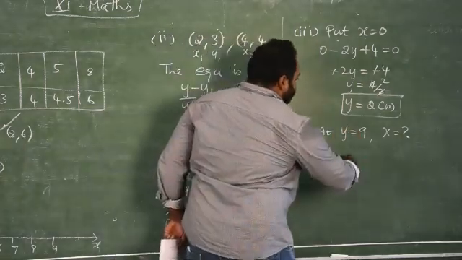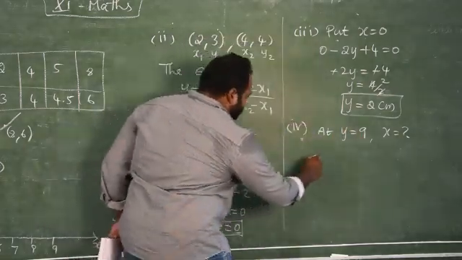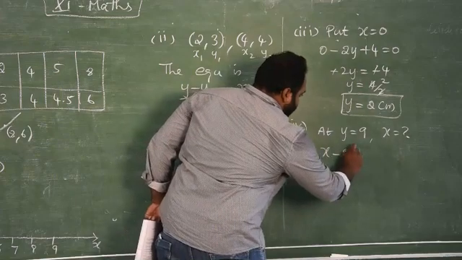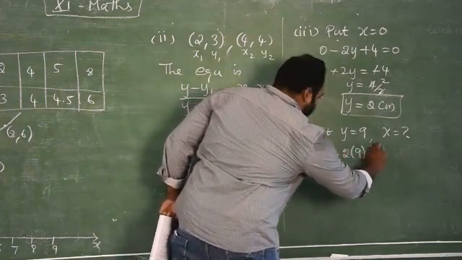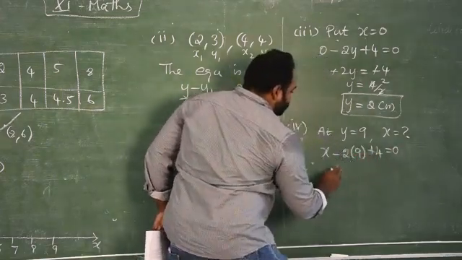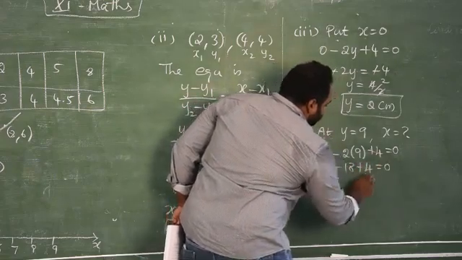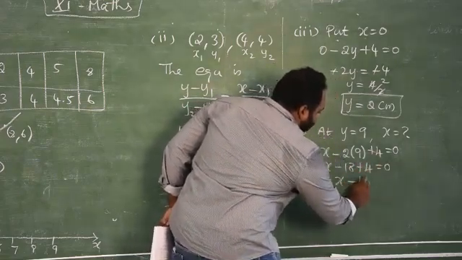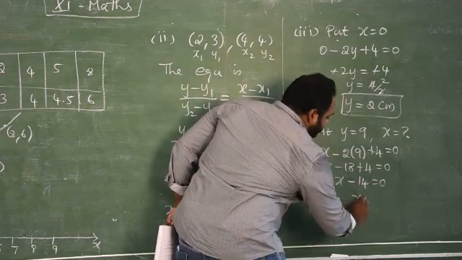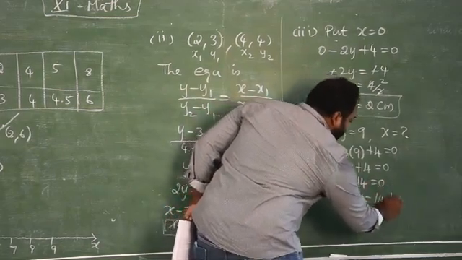So again, apply the values in the general equation: x minus 2 into 9 plus 4 equals 0. So x minus 18 plus 4 equals 0, x minus 14 equals 0. So x equals 14 kilogram.